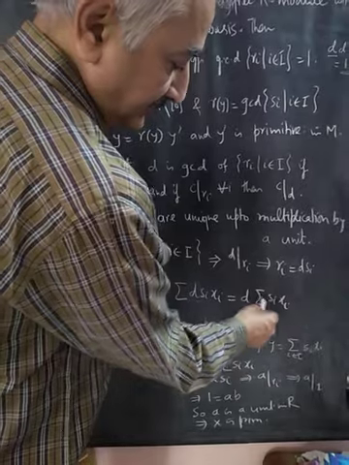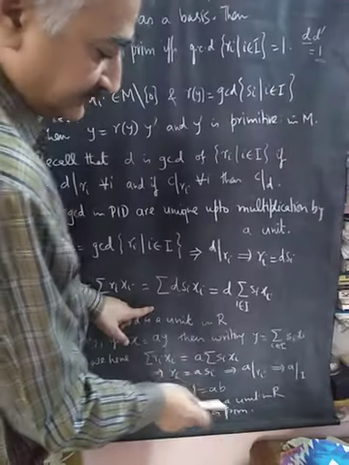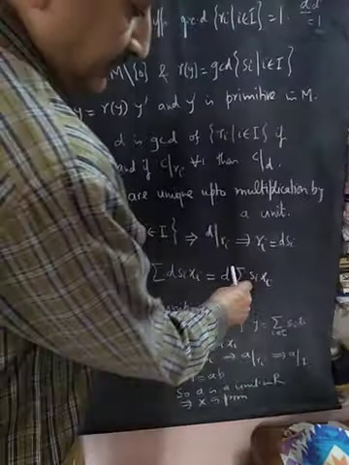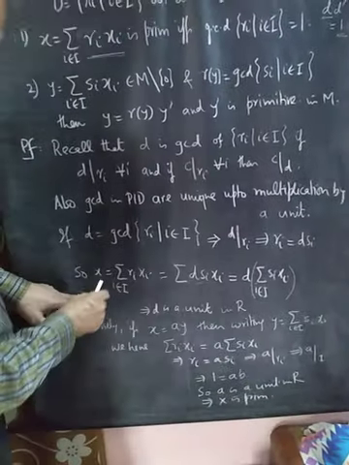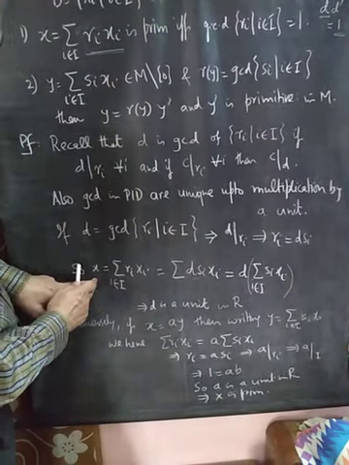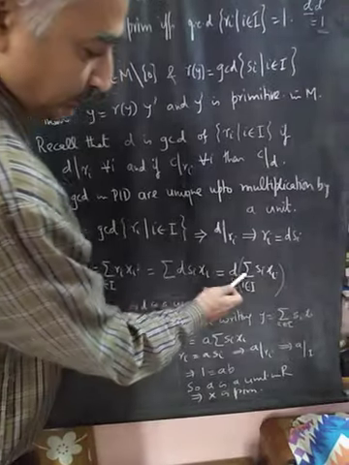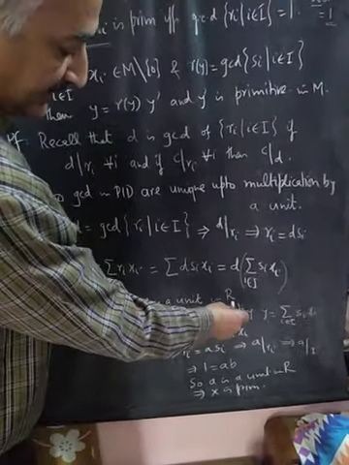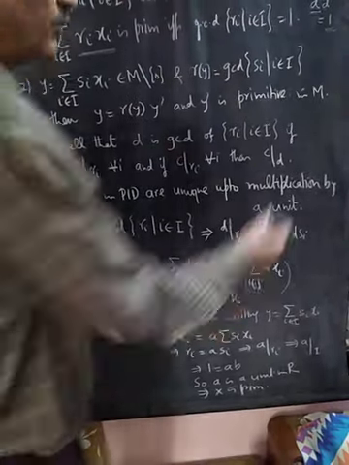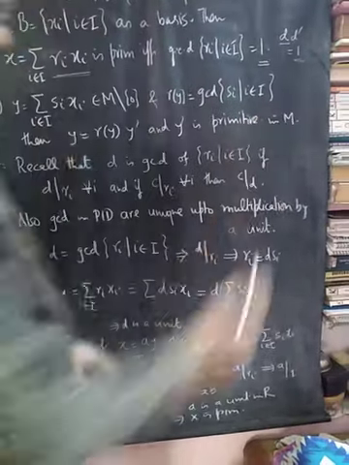This is d times summation s_i x_i. So what I am saying here is that this summation becomes an element in M. This is x. Because x is primitive, x is equal to d times another element. This shows that d becomes a unit in R, and therefore this d is as good as 1.